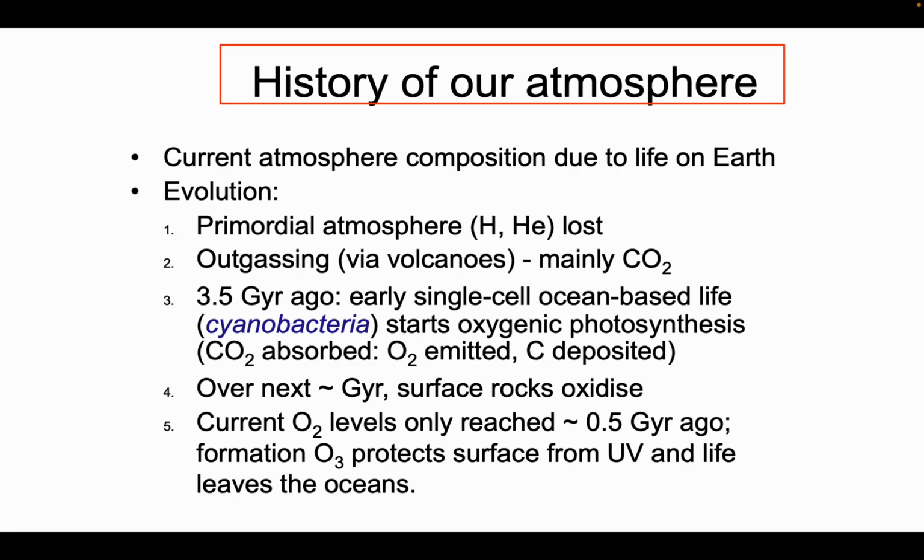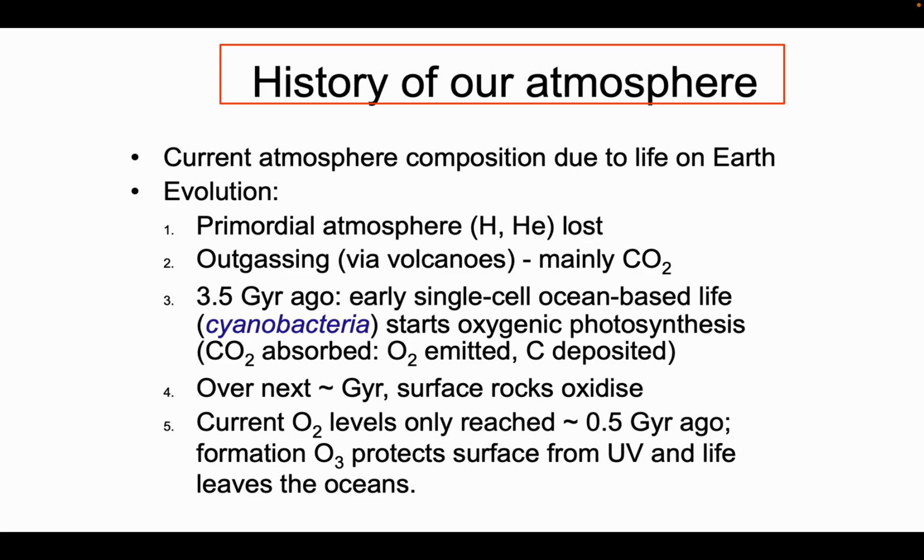Here is a short history of our atmosphere, which says the current atmospheric composition is due to life on Earth. The evolution of the atmosphere has been happening since the formation of Earth. The primordial hydrogen and helium were lost.